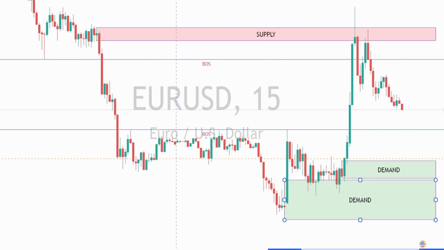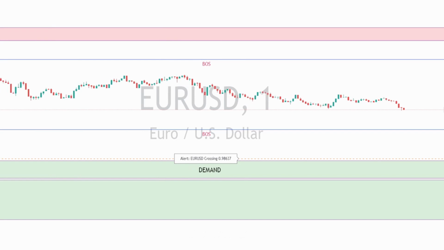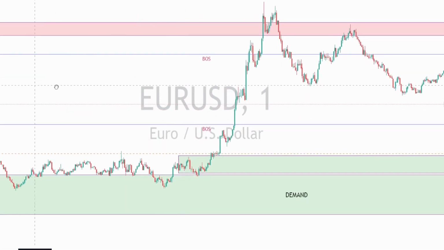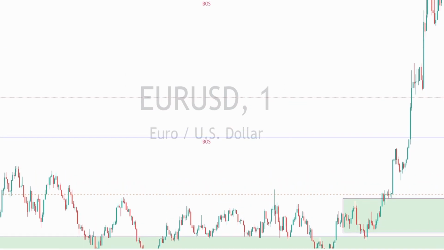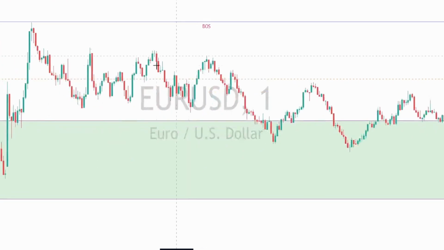Now, when we drop down to the 1 minute, so you could see where we had our area marked, and price came back rather quickly. You could see how it came in once.